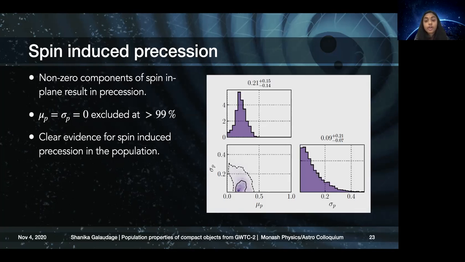So on the right, I have a plot of the mean of the in-plane spin component against the variance, or sigma, of the in-plane spin component.